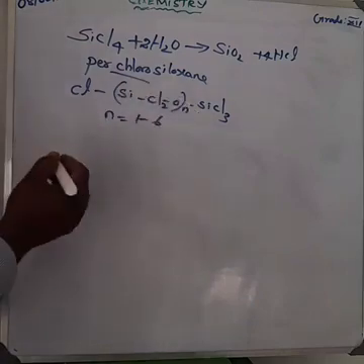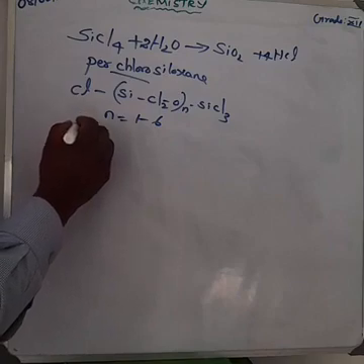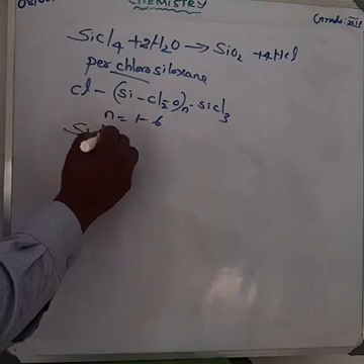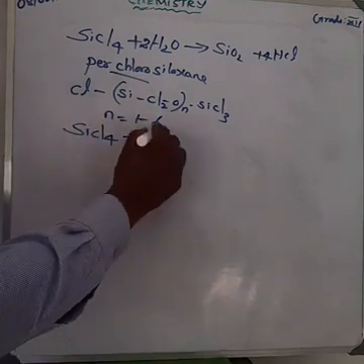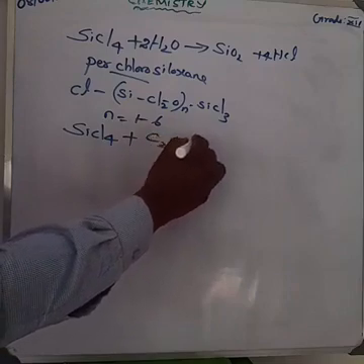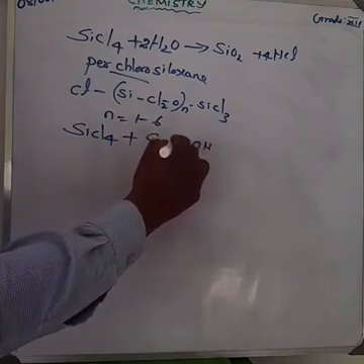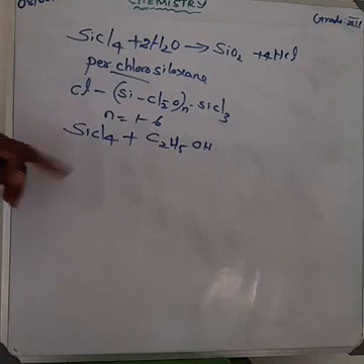Next, the reaction between silicon tetrachloride and ethyl alcohol. What is the formula of ethyl alcohol? C2H5OH. Am I right?